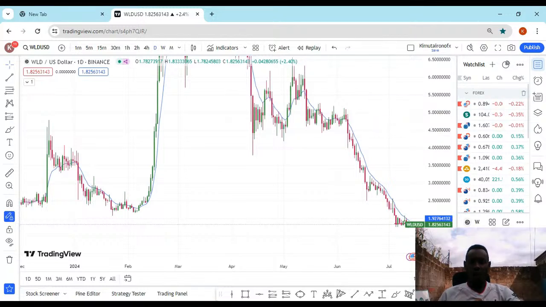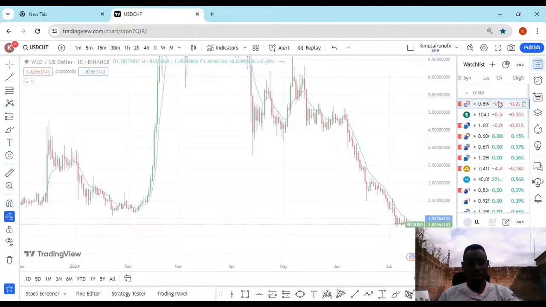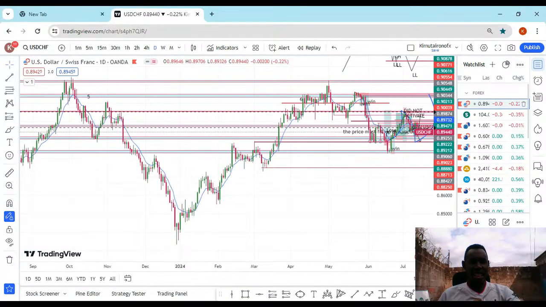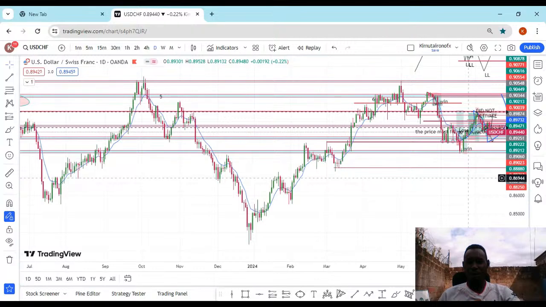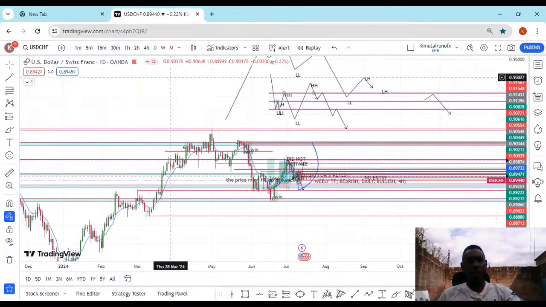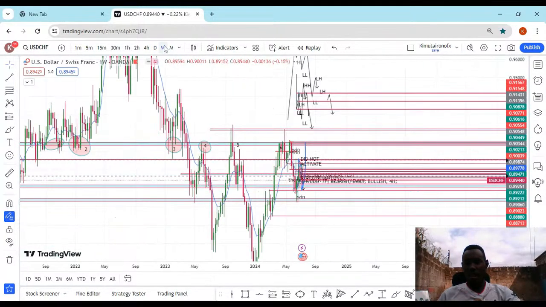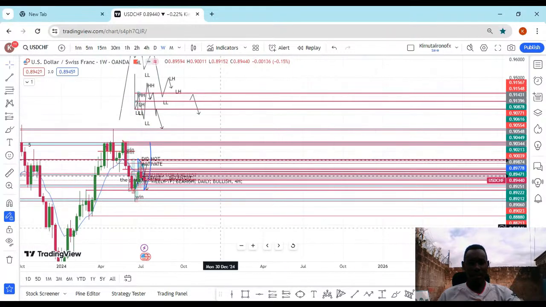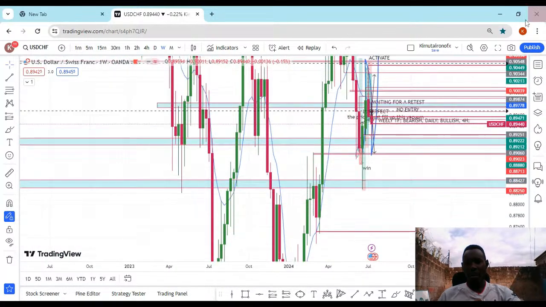So quickly, let's go back and see how we performed on the USDCHF, which actually we performed so nicely. This is the chart, and this is how we analyze. Let's go direct into it. I think we are going to start with the weekly time frame and the biases of the weekly time frame, and how we came up with the biases.